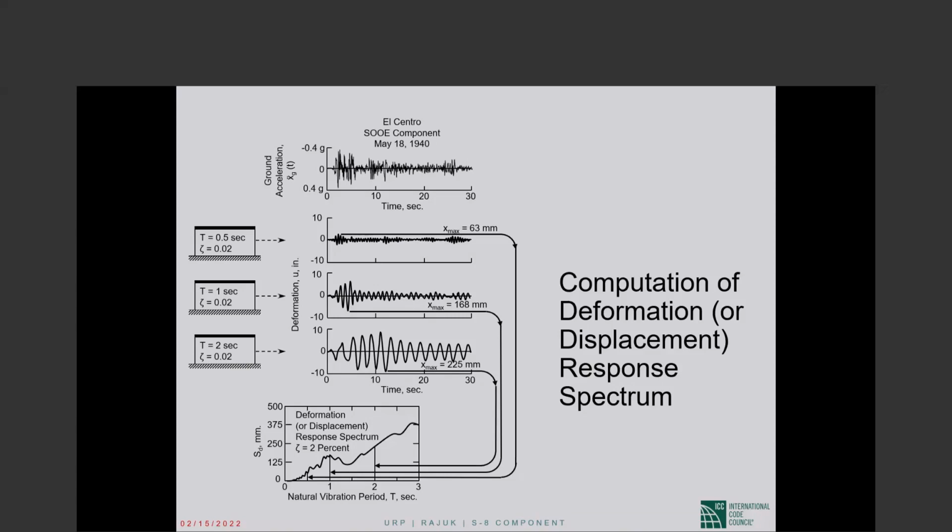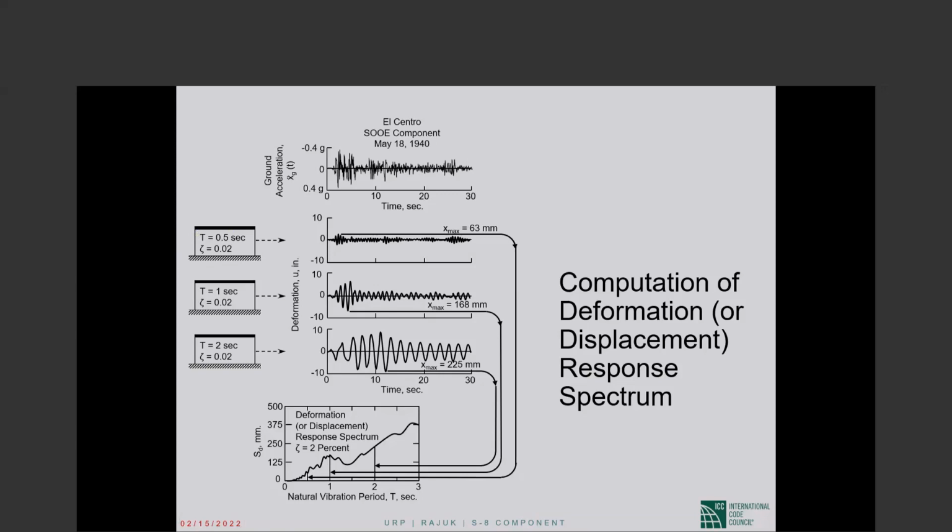The first single degree of freedom system is a one-story, one-bay frame. We are stipulating that the frame has a period of half a second, and damping is 2% of critical. The period, the damping, all those concepts we discussed early on.